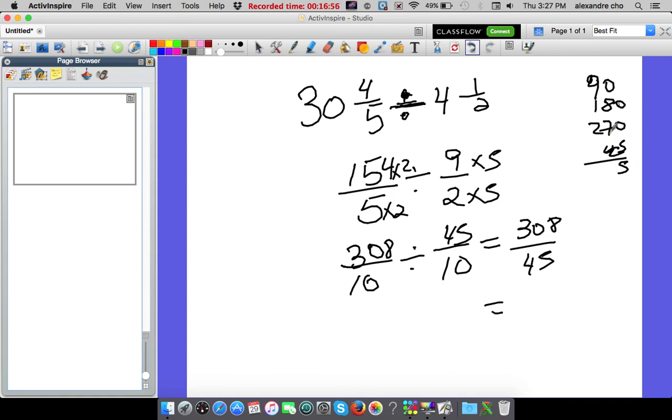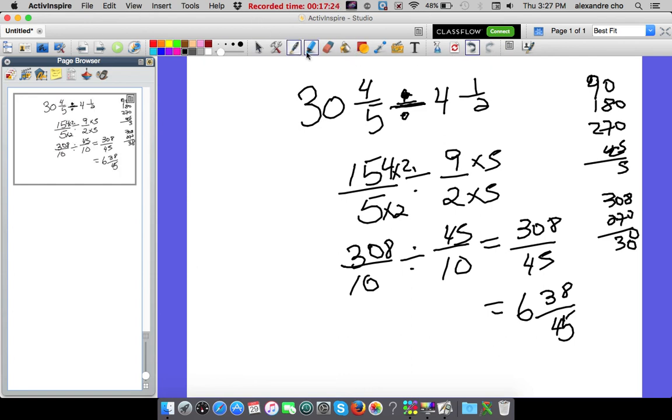So it's 6 times, and 308 minus 270 is 38. 38 left over 45. So 45 goes into 308 6 times, with 38 left over 45. If I'm not mistaken, I might be. So that's it. And then last question.